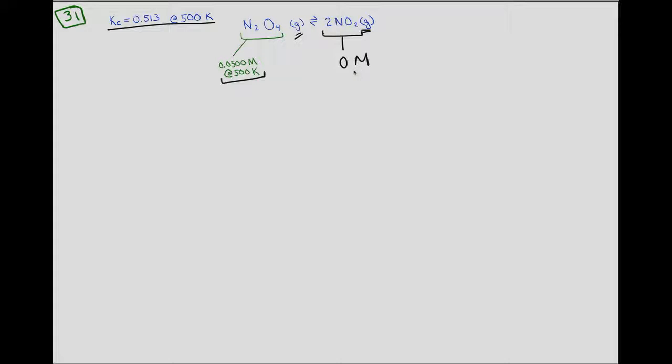So, just like before, we need to set up an ICE table. We're going to set up the ICE table, and we'll just go ahead and write these down here: N2O4 and 2NO2.